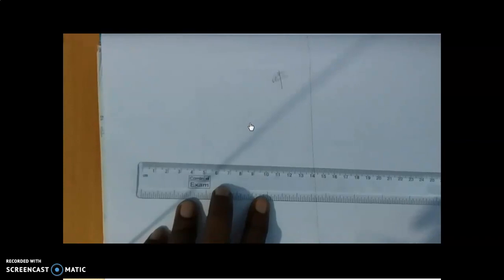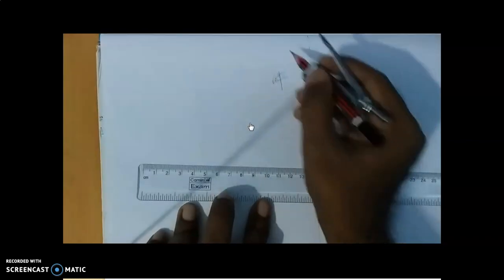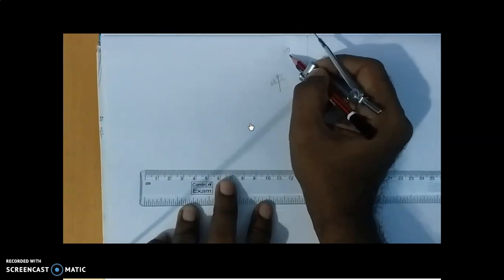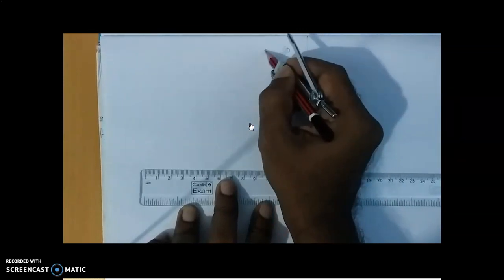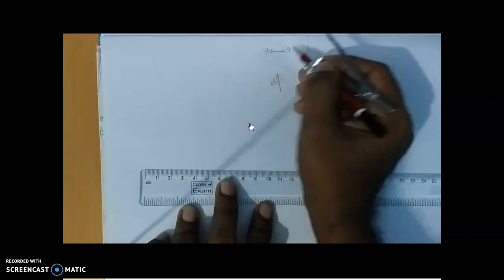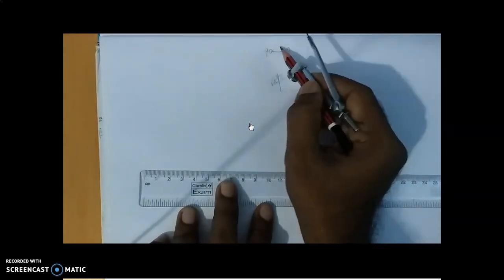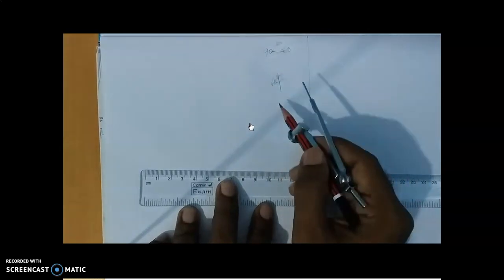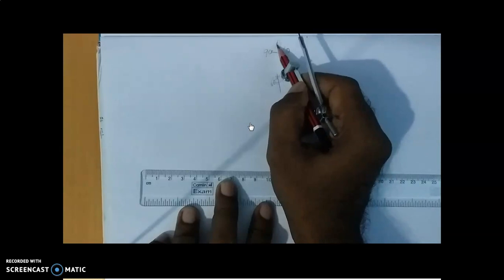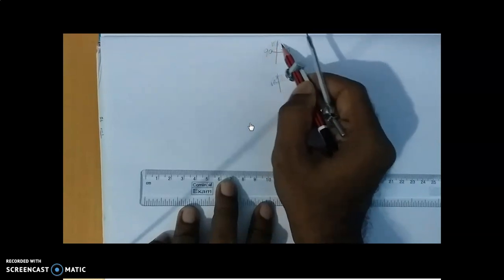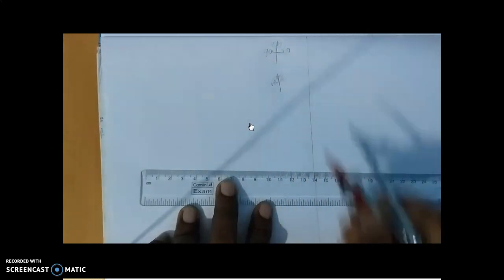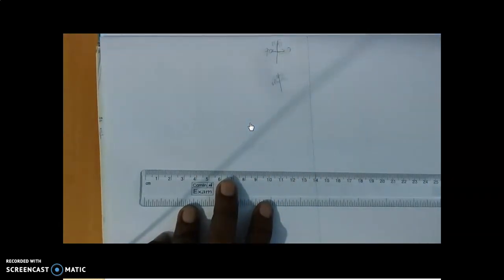Then suppose if you draw 90 degree angle, the distance between 90 and 60 is nothing but 30 degree, right? Again, if you bisect this 30 degree, this side 15 degree and this side 15 degree will come. So now 60 plus 15 is nothing but 75 degree. That is the procedure.